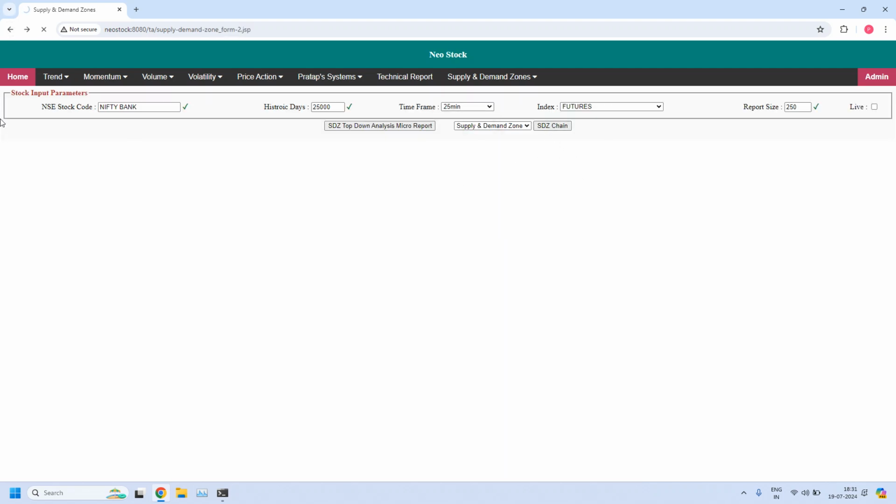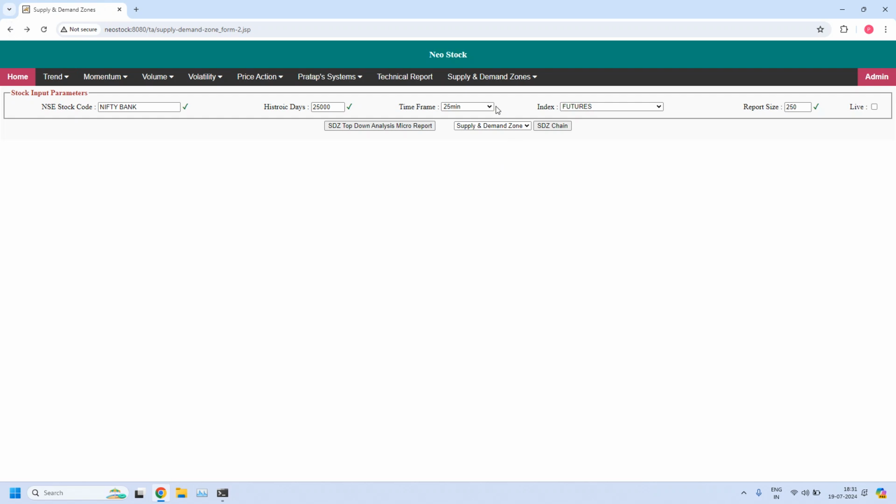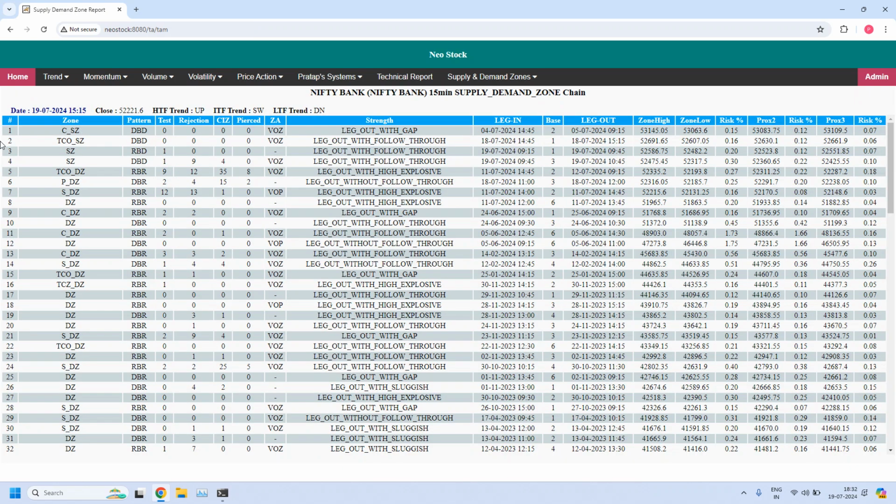Now I am generating the 25 minutes supply demand zone chain for BANKNIFTY. Okay, the next time frame is 15 minutes, generating the supply demand zone chain for BANKNIFTY.